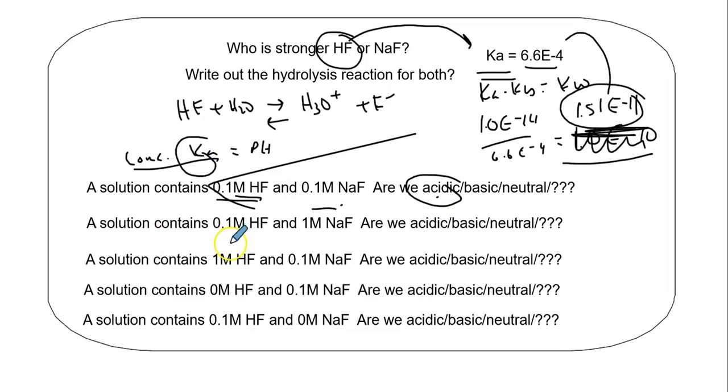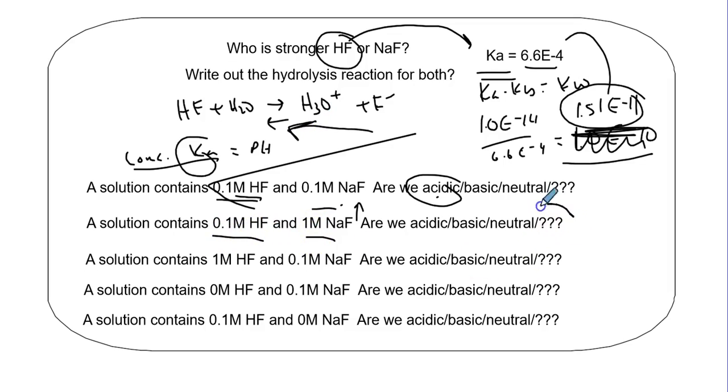A solution contains 0.1 molar HF and 1 molar NaF. What are we? Are we acidic, basic, or neutral? Well, the concentration of our base is up, so this forward reaction will be more vigorous. But is the 1 molar enough to counteract the increased strength of the acid?